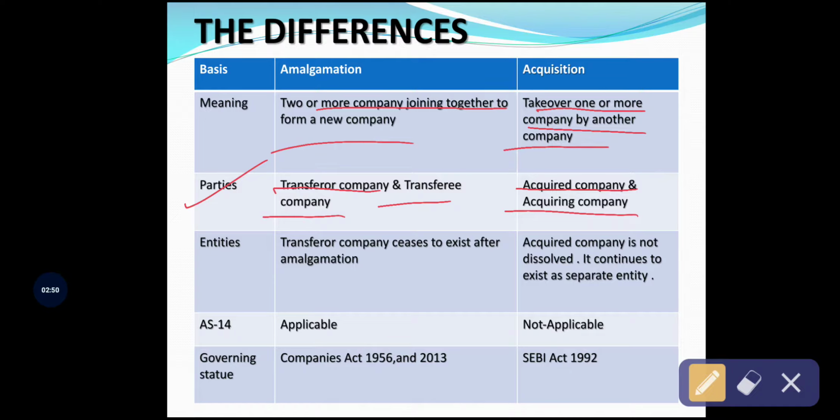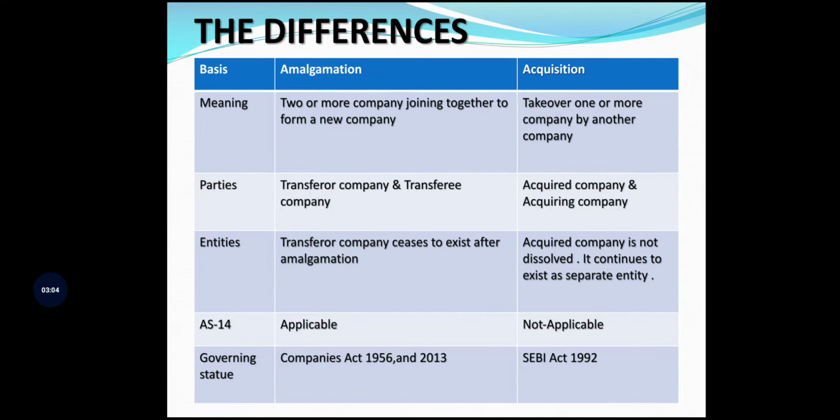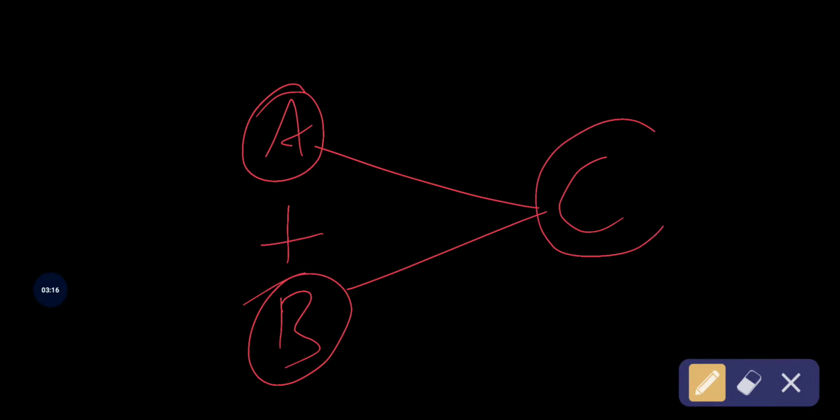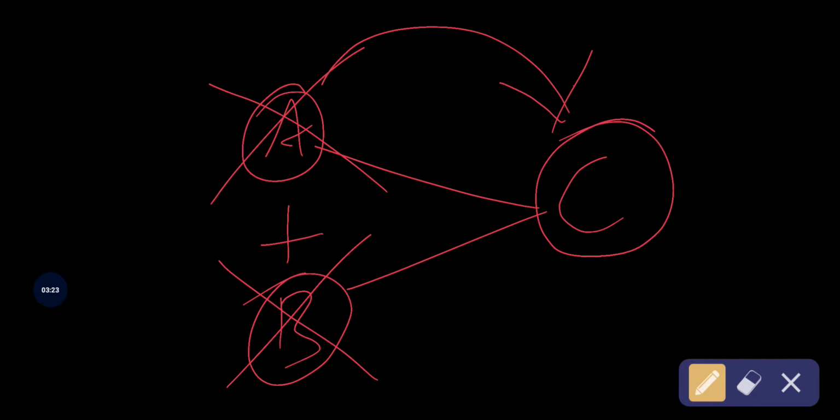The third difference is based on the entities. Under amalgamation, the transferor company ceases to exist after amalgamation. Both the companies amalgamate, for example A company and B company amalgamate to form a new company. After forming the new company, both transferor companies cease, that is, they wind up.